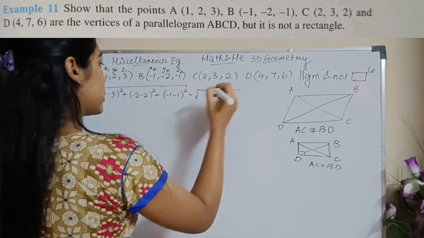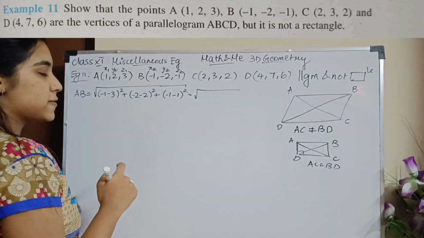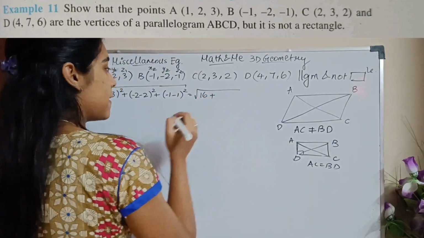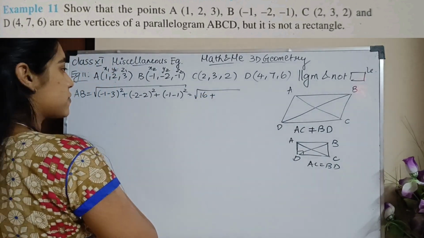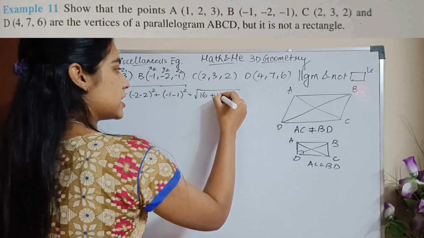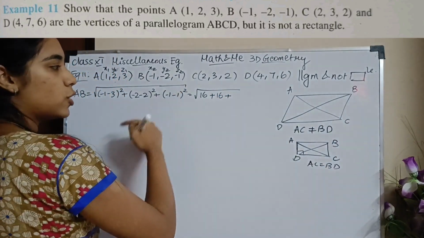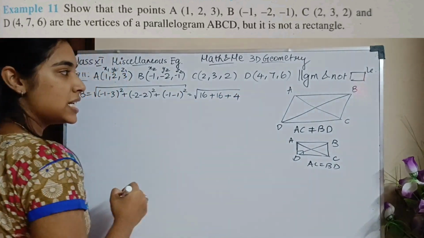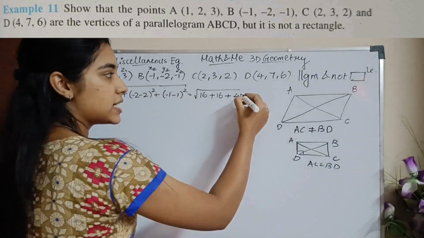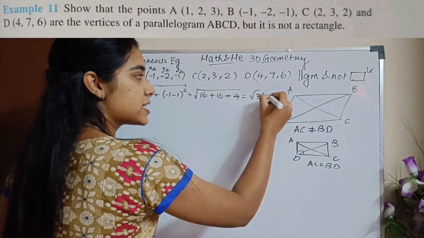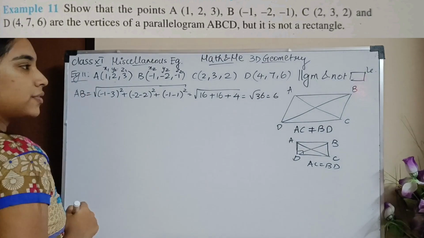So what is this? Square root of minus 1 minus 3 is minus 4. Minus 4 the whole square is plus 16 plus minus 2 is minus 4. Minus 4 the whole square is again plus 16 plus minus 2 the whole square is 4. So 16 plus 16 is 32. 32 plus 4 is 36. Square root of 36 is 6 units. So you have found the distance of AB.